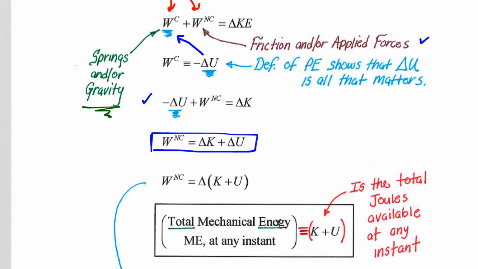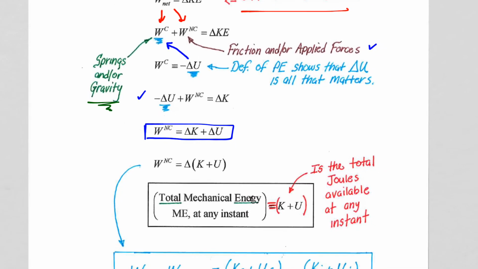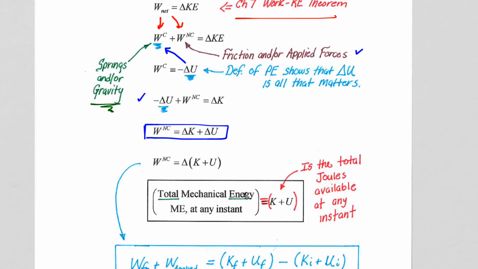But first we can see that if we take the delta out and look at just kinetic plus potential, K plus U, that is, by definition, the total mechanical energy. And that should make sense, that it's the total energy, mechanical, because we're not looking at electrical or chemical energy.